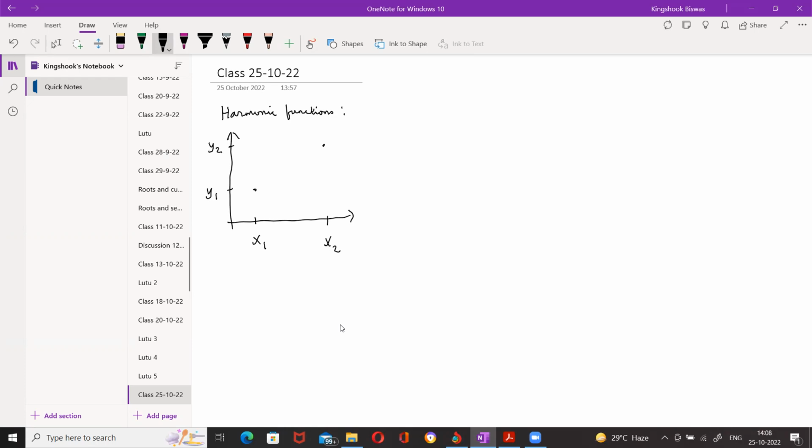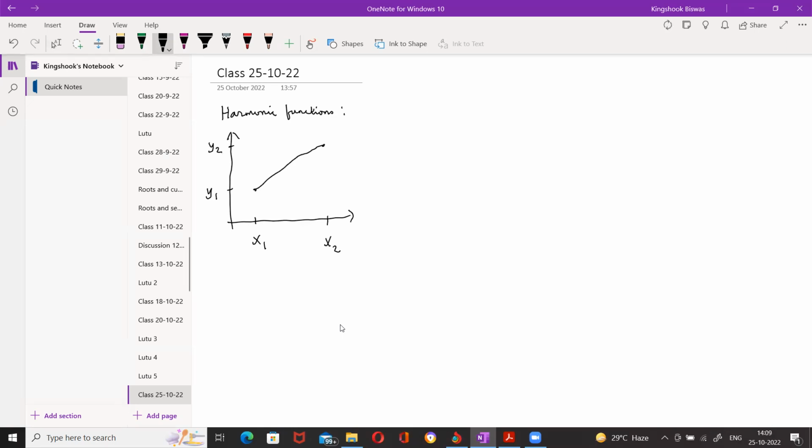Now you think of these values y1, y2 as boundary conditions for a function defined on the interval [x1, x2], right? So I want to look at functions defined on this interval whose values at the endpoints are y1 and y2. Now, out of such functions, of course, there's a unique linear function which has these values at the endpoints, right?